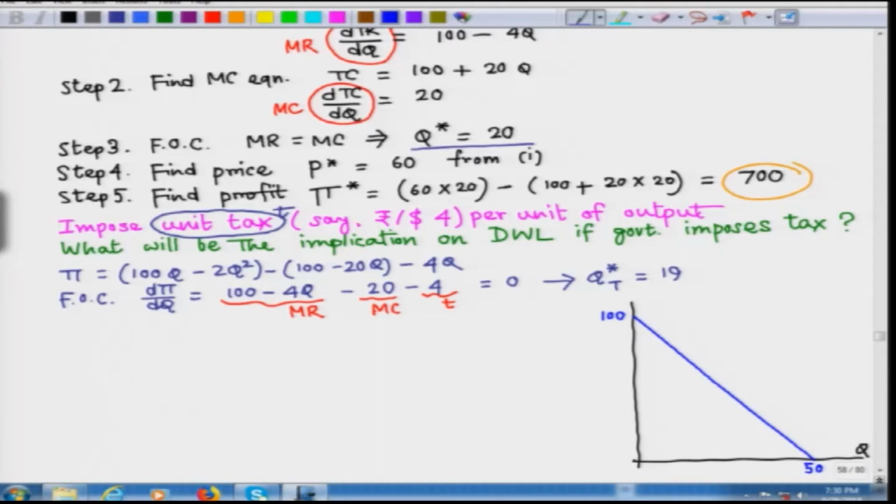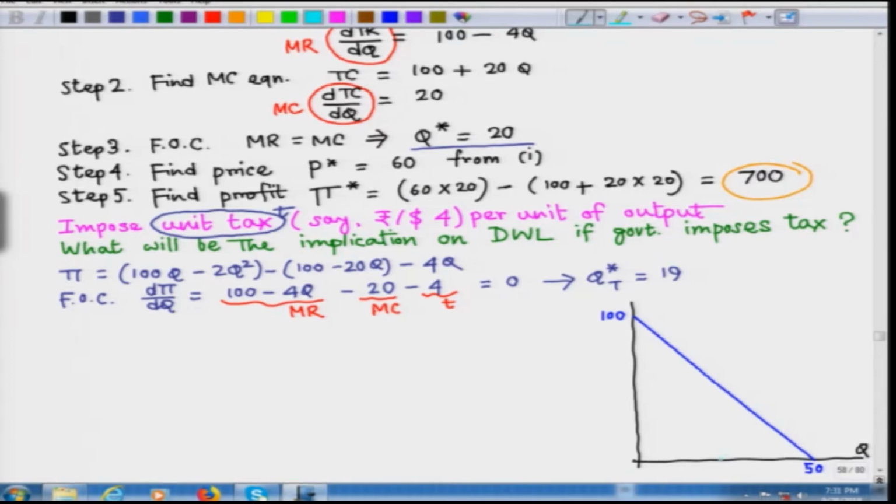Okay, fine. So, then comes the marginal revenue curve. So, we know that marginal revenue curve will start from 100, and as there is this relationship of a linear demand function, we know from there that the slope of the marginal revenue curve will be exactly half of the demand curve from which it is derived.